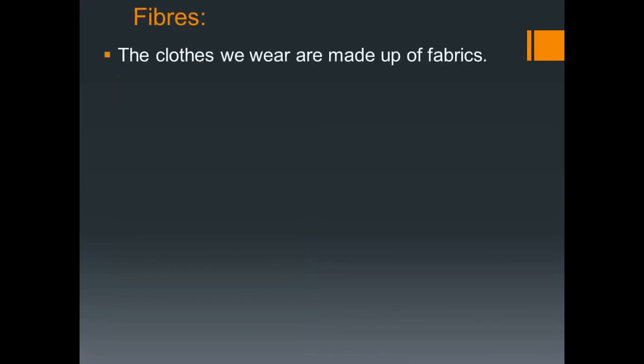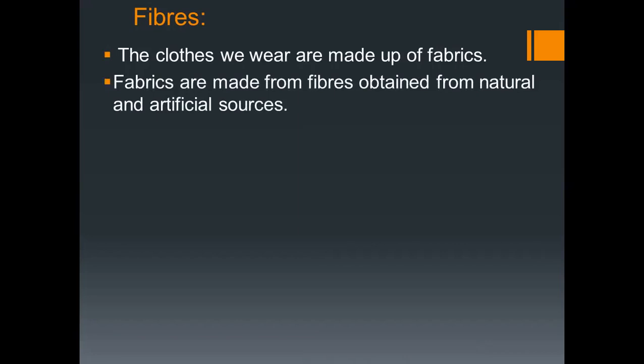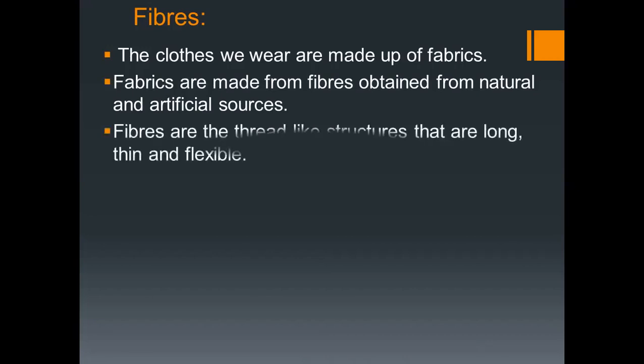The clothes we wear are made up of fabrics. Fabrics are made from fibers obtained from natural and artificial sources. Fibers are the thread-like structures that are long, thin, and flexible.